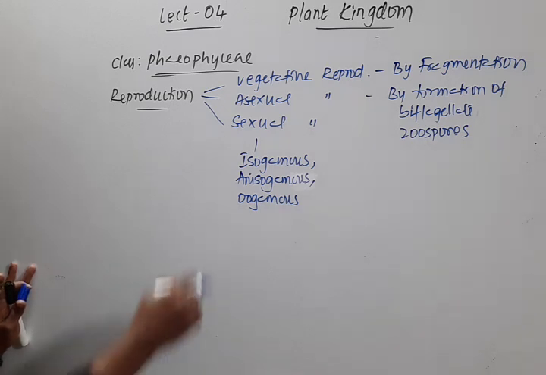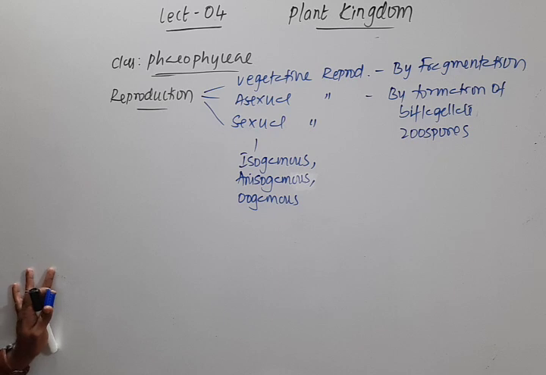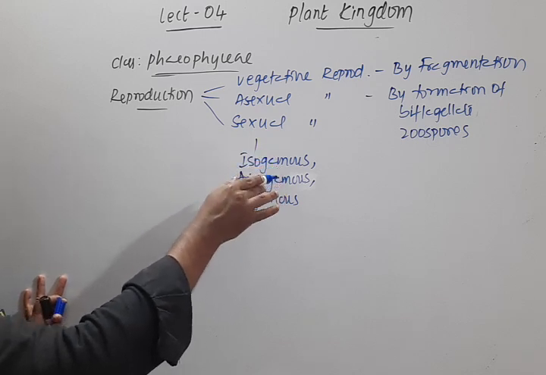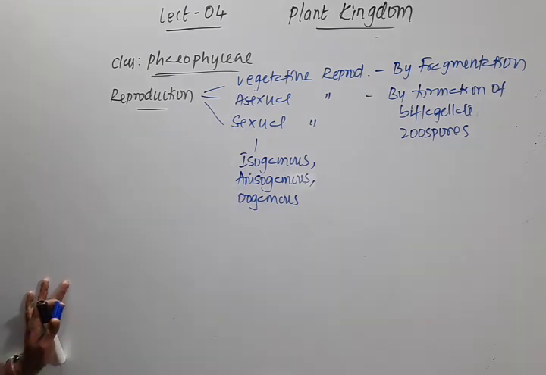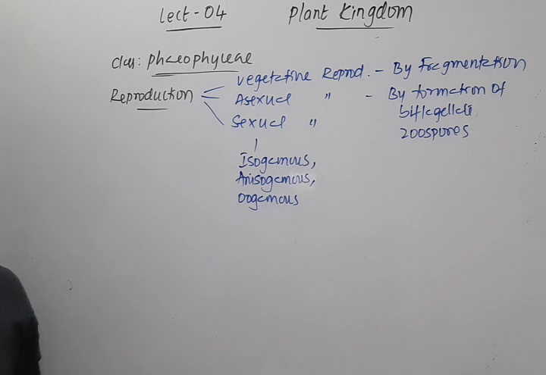I told you already that oogamous is advanced when compared with isogamous. Here, similar size gametes, if they unite, that is isogamous. Dissimilar gametes, that will be anisogamous. And in oogamous, if one motile and one non-motile gamete fuse, then the condition becomes oogamous.